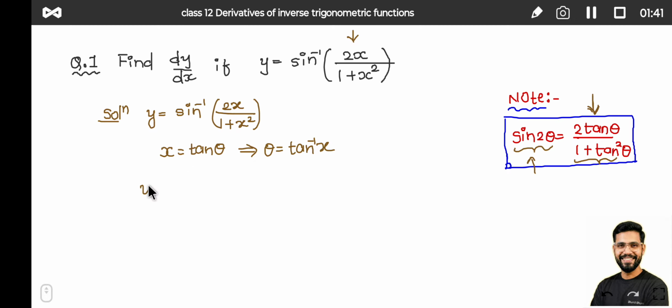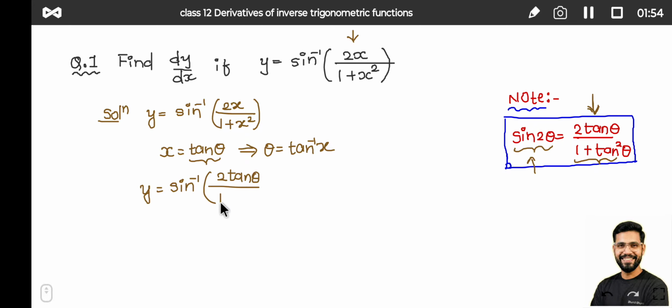So y is equal to sine inverse, and inside the bracket, instead of x we put tan theta. So 2 into tan theta upon 1 plus x square, meaning tan square theta. Sine inverse stays outside as it is.